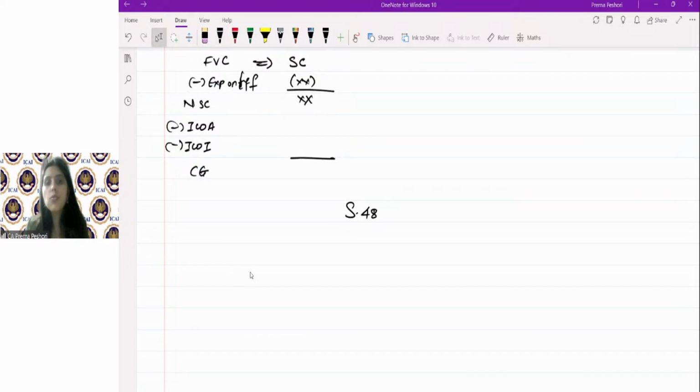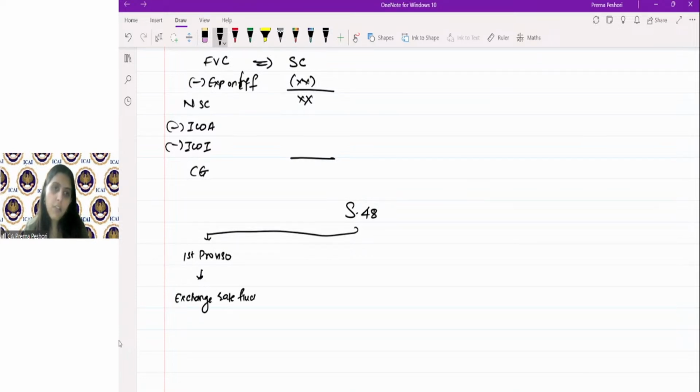So the first proviso to section 48 is exchange rate fluctuation benefit. So while computing the capital gain, the foreign exchange fluctuation benefit is given to a non-resident.